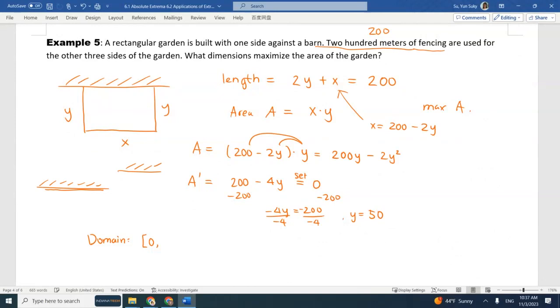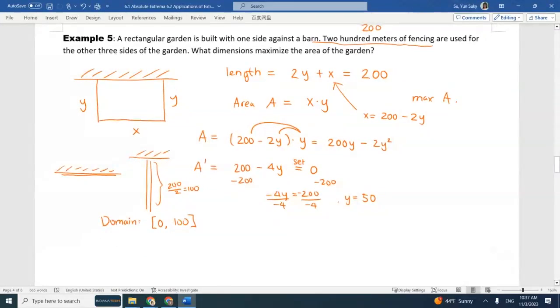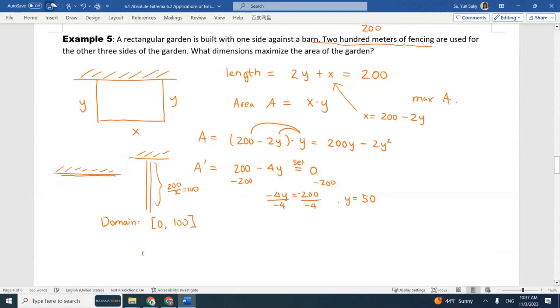The largest y is 100. Your x is 0. You use all the materials to build y. Can you imagine, everybody? Because the total is 200, and 200 over 2 is 100. Yes, everybody? Oh, okay. 50 is in the middle. So 0 to 100. 50 is in the middle.